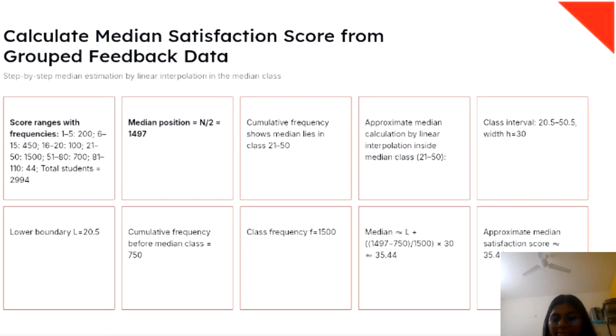The median is the median position minus cumulative frequency, upon class frequency, into class interval, that is 35.44. The approximate median satisfaction score is 35.44.